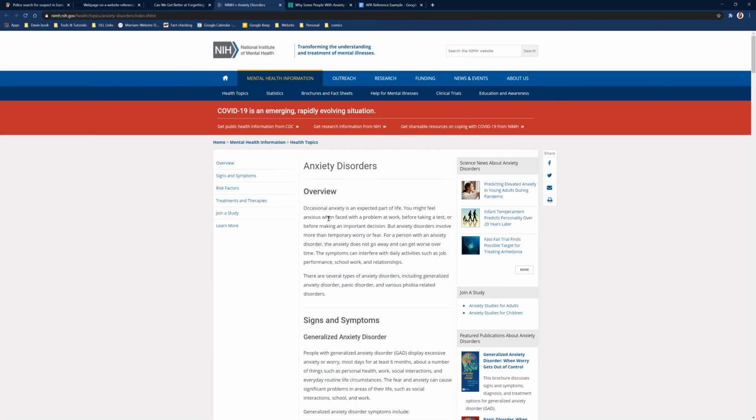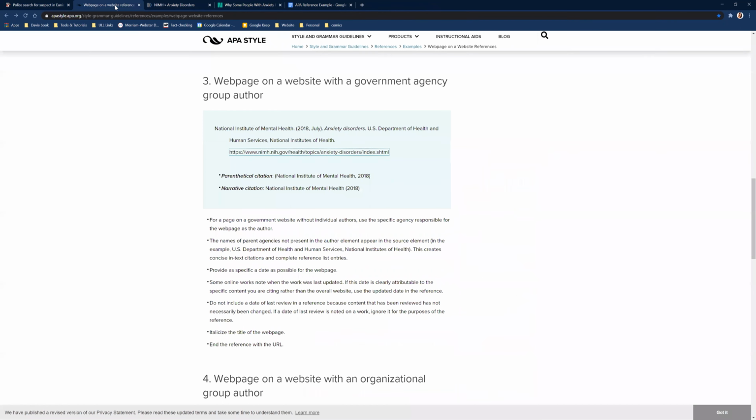Okay, so there is no byline listed right here, correct? So it's published by the organization, National Institute of Mental Health.